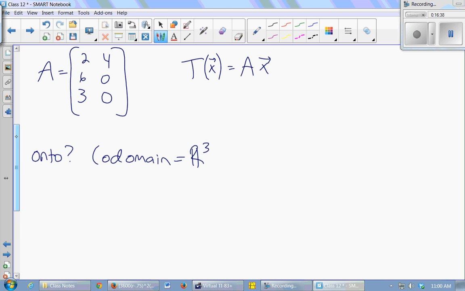And when I ask if it's onto, I'm asking, does it produce every vector in R3? Can I produce any vector I want in R3 by taking a vector from R2 and multiplying by this matrix A? Right, so I'm asking, is my range equal to R3?